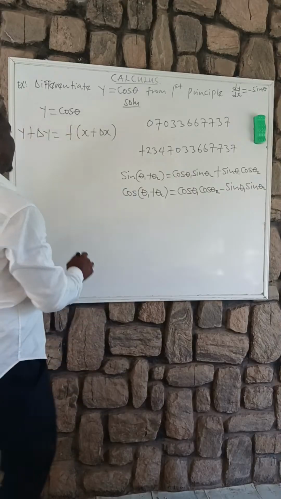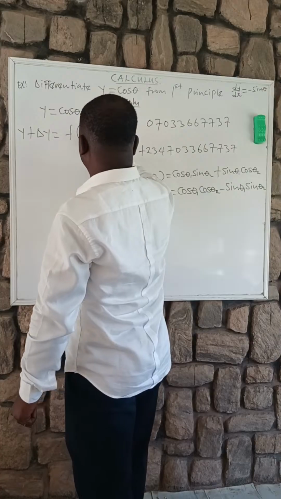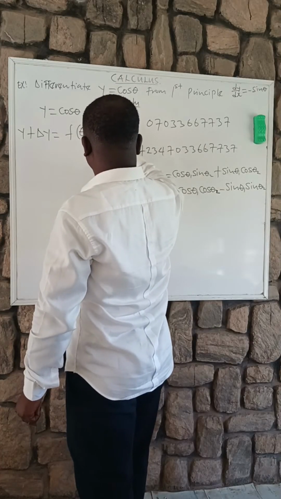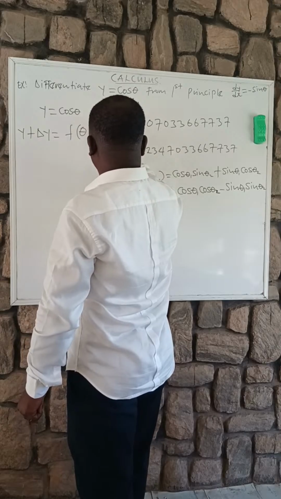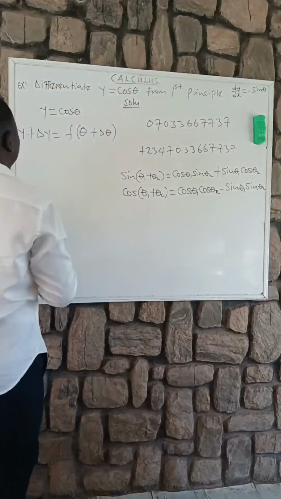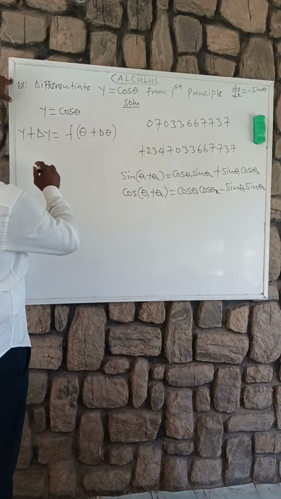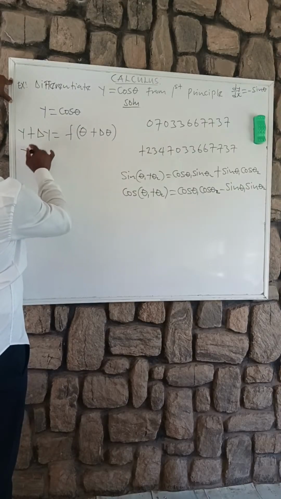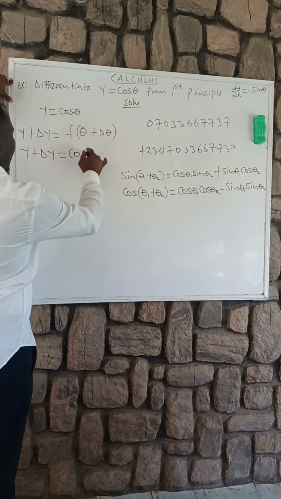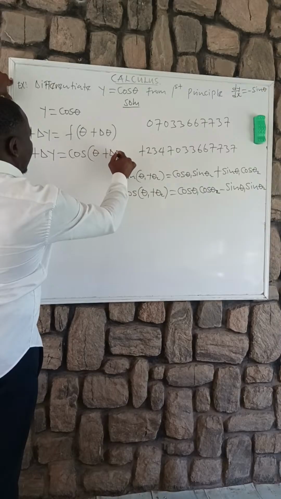It means we are dealing with theta. So here will now be theta, no more x. Here too will be theta. So it implies that this will now be y plus dy is equal to cos open bracket theta plus d theta.